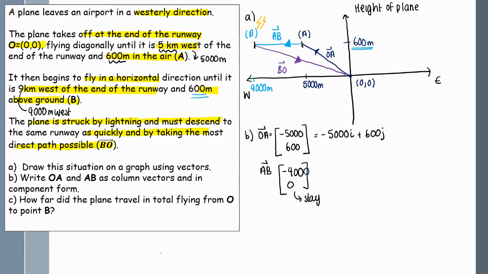And because the plane is horizontal, it stays in the same place, I'm not changing my vertical height at all. So that can stay 0 for my second component. I can write this as minus 4,000i plus 0j, or just minus 4,000i.